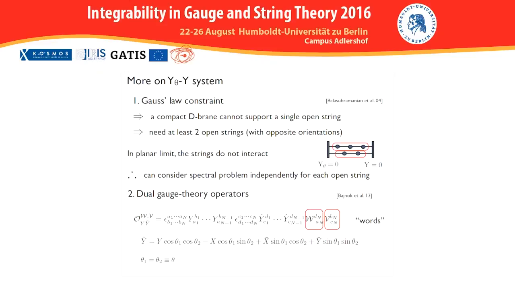Those are the words, and these words contain the information about what excitations you have on the string. So you need to compute the anomalous dimensions of these operators at large N. This is the problem that needs to be done. These are called determinant-like operators, and they've been around for a long time.